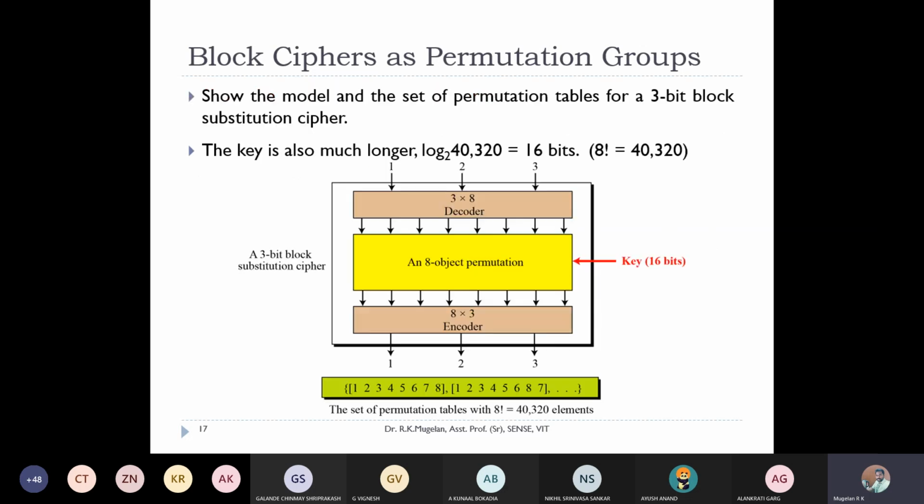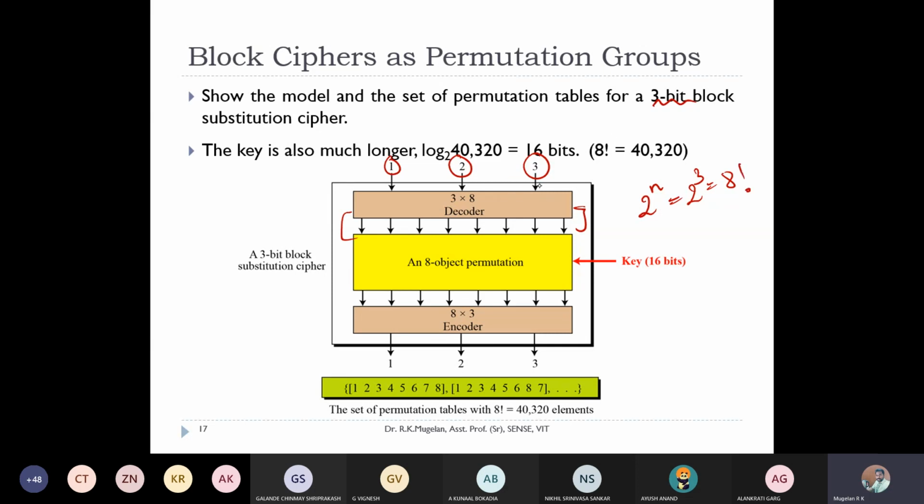So if you take the same example of a 3-bit block substitution cipher, these 3 bits are going to be converted into an 8-bit input. This is because 2 power n, in this case n is 3, so 2 power 3 gives me 8, right?